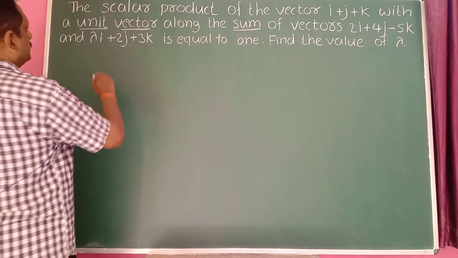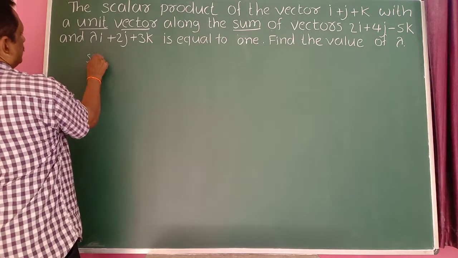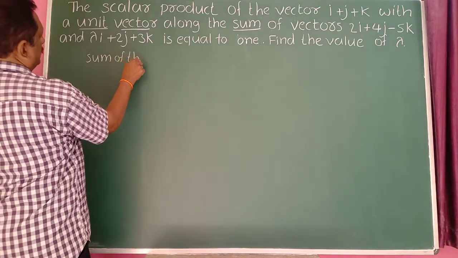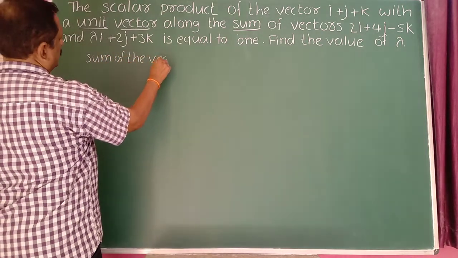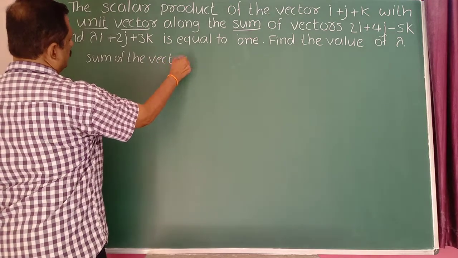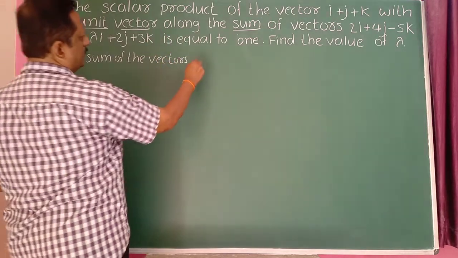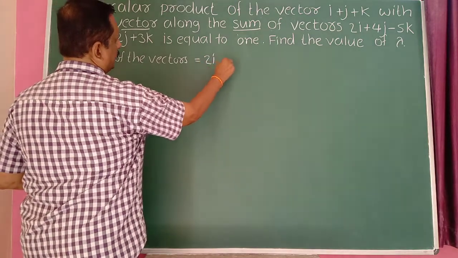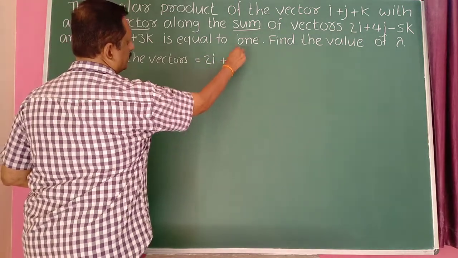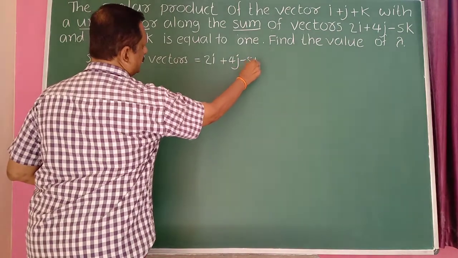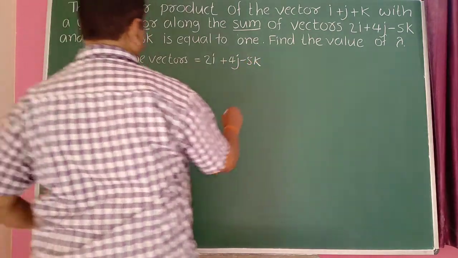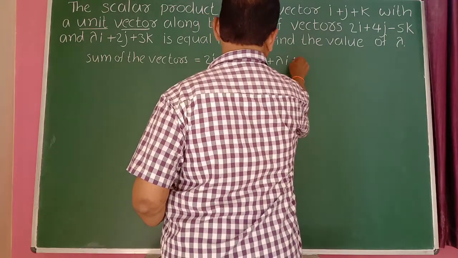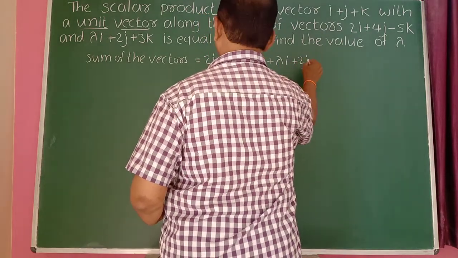Therefore, the sum of the vectors is equal to 2i plus 4j minus 5k, plus lambda i plus 2j plus 3k.